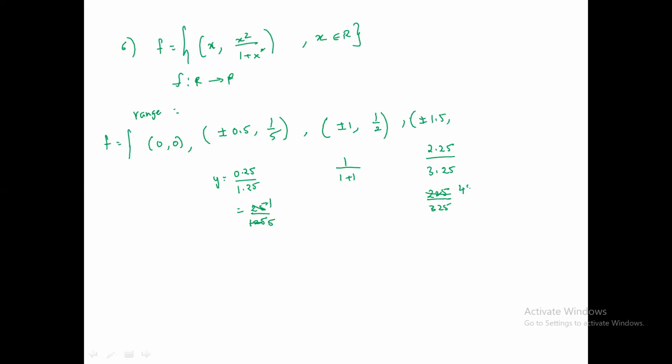Dividing by 25, y will be 9 by 13. If you put x as plus or minus 2, y will be 4 by 1 plus 4, that is 4 by 5.